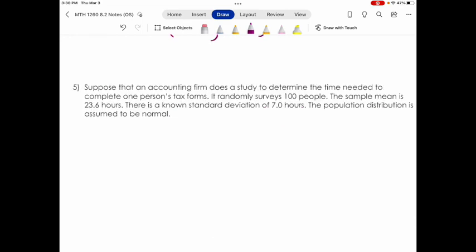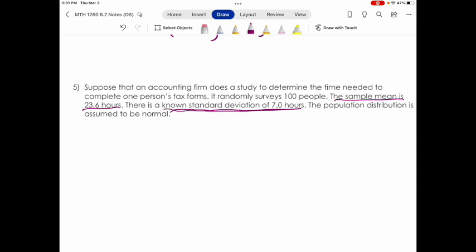Now, the last example says, suppose that an accounting firm does a study to determine the time needed to complete a person's tax forms. It randomly surveys 100 people. The sample mean is 23.6 hours, and it has a known standard deviation of 7 hours. Now, that doesn't say that it's the sample standard deviation.